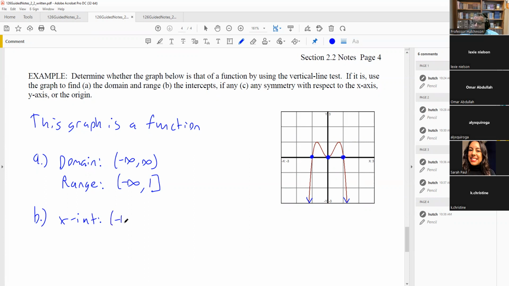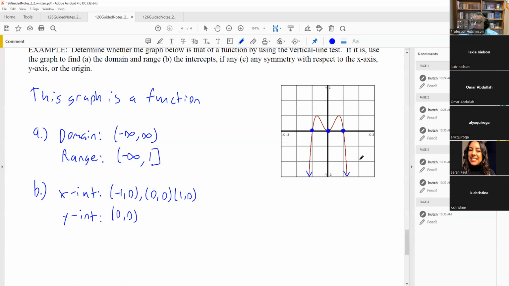So I have (-1, 0), (0, 0), and (1, 0). Just read those directly off the graph. For the y-intercept, it only crosses the y-axis down here at (0, 0). So as I mentioned before, (0, 0) is always an x-intercept and a y-intercept at the same time. And so that is the answer for that one. Just reading those off the graph.